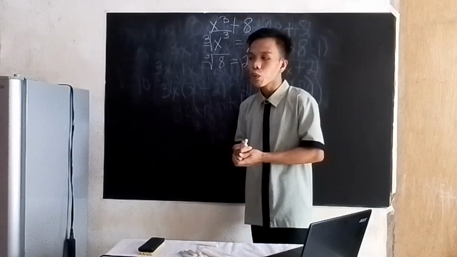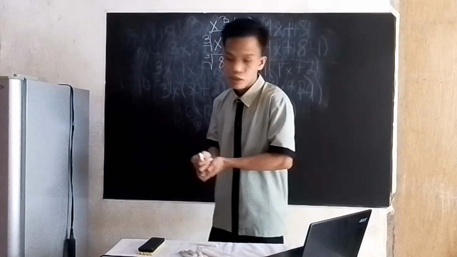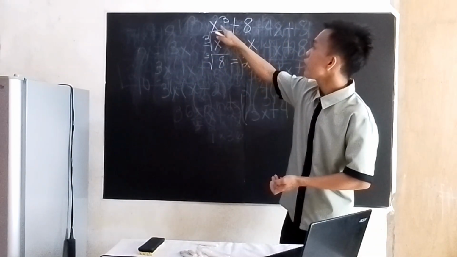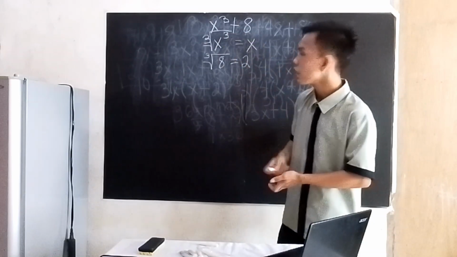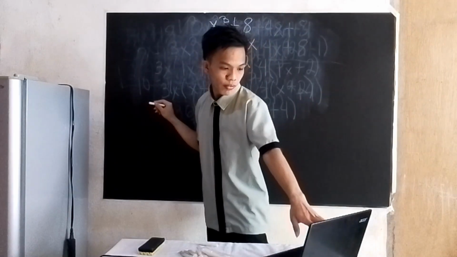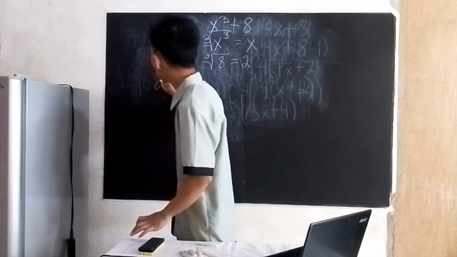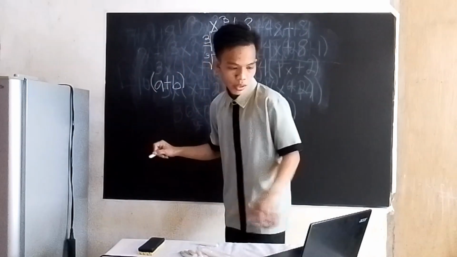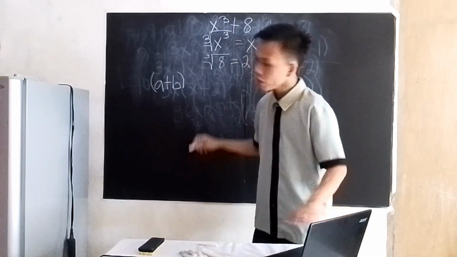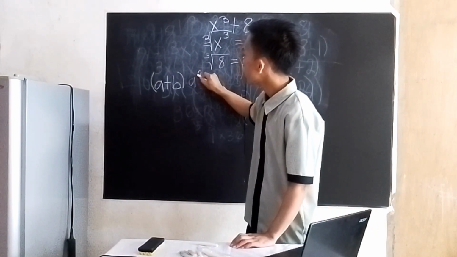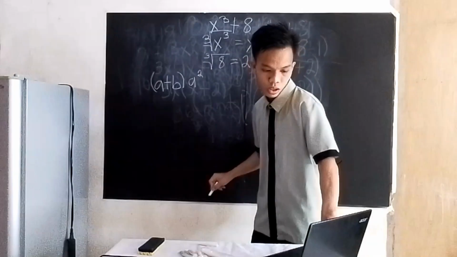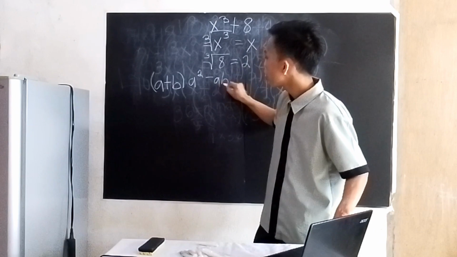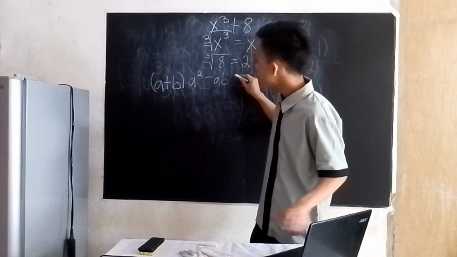So in here, we are going to use a formula. So the formula on getting the factor of x cubed plus 8 is a plus b multiplied by a squared minus ab plus b squared.